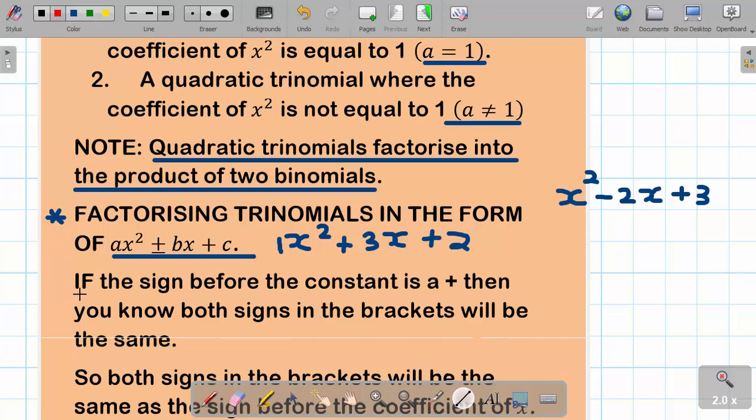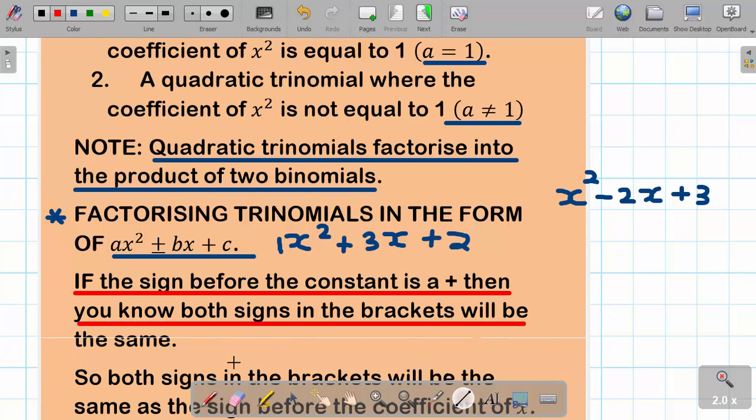Now if the sign before the constant is positive, then you should know that both signs in the brackets will be the same. Let me say it again.